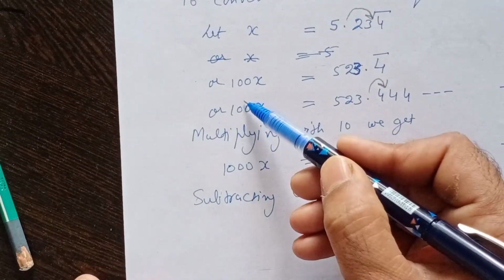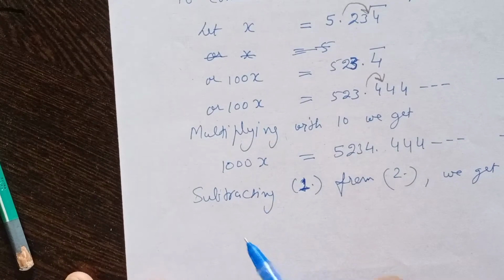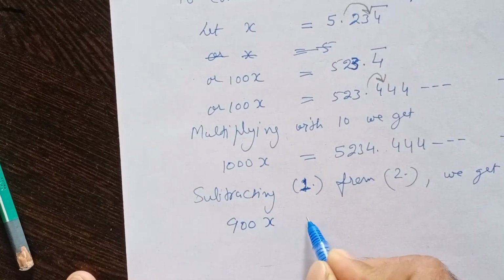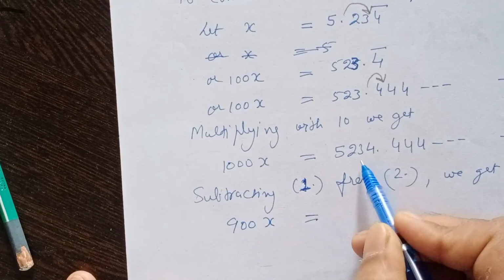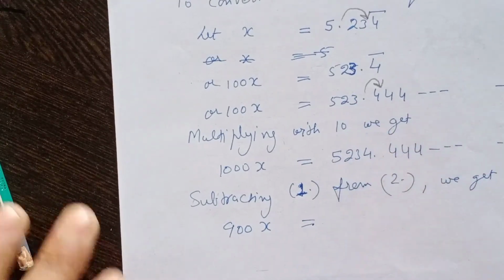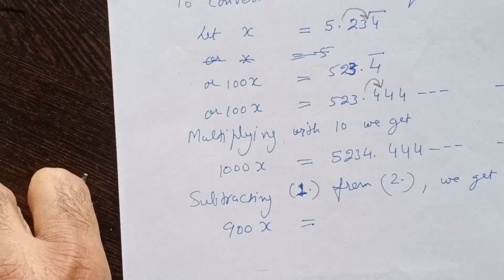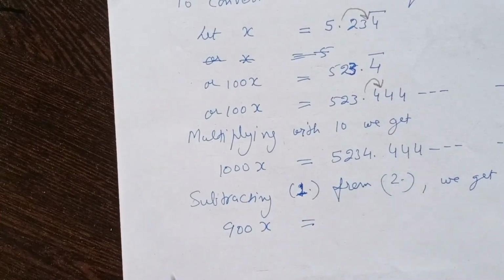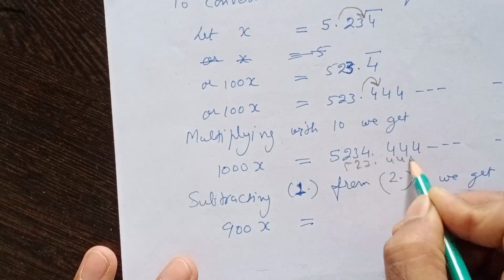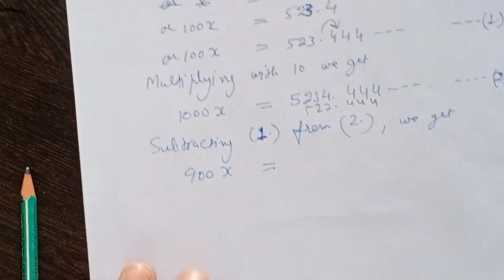1000 minus 100 gives you 900. Now here, from this we are subtracting: 5234 minus 523. So you see what will be there. It is like this, 523.444. We are subtracting like this.